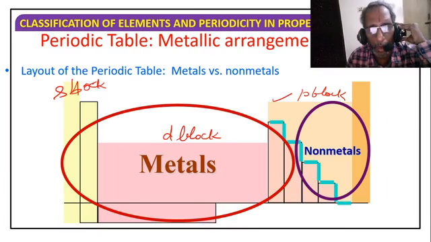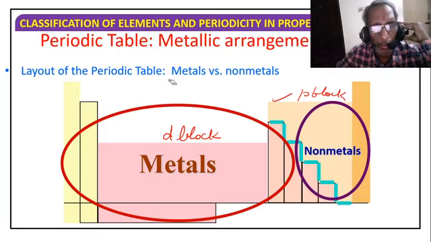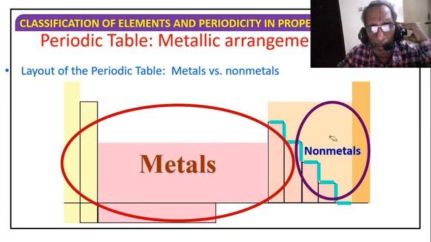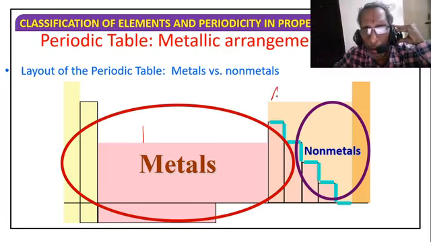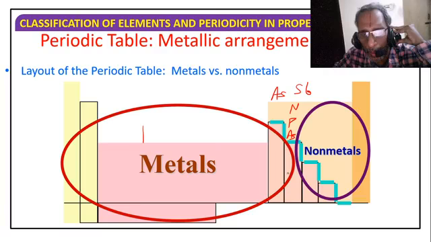Now once again, everybody please recall, what are the important properties of metals and non-metals? Important metalloids are arsenic and antimony. If you take the nitrogen group: nitrogen, phosphorus, arsenic, antimony, bismuth.